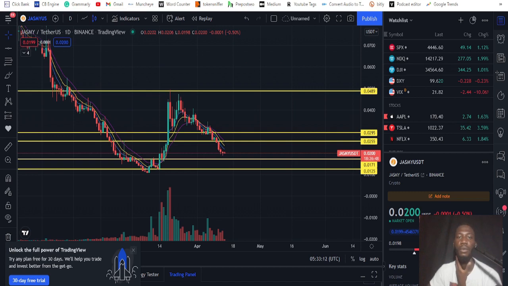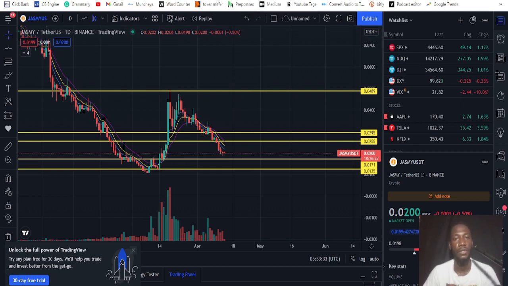But for Jasmy, I will not be considering it today, even though it is a coin we need to take note of, simply because it is currently oversold, strong sell, so that when the reversal comes and it turns to strong buy, we can jump in and pick a good amount of profit.